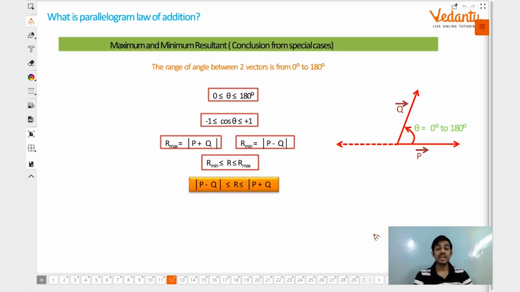Okay, and इसी के basis पर we can derive this conclusion as well, that obviously angle between two vectors can lie from 0 to 180. Therefore, the cos theta can vary from +1 to -1. So, let's once more write this formula, because we are writing in terms of P and Q, so वैसे use कर लेते हैं.